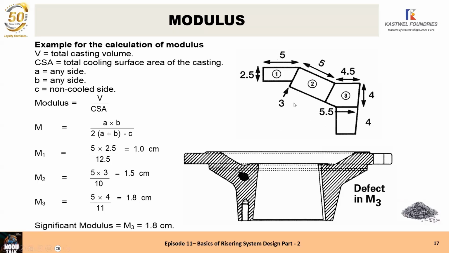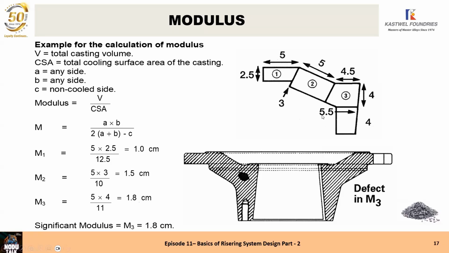Now in the figure you can see A, B, and C. So the modulus of the casting is 5 multiplied by 2.5, which is the sides, divided by 2A plus B minus C, and this gives you a modulus of 1 centimeter. Similarly, you have the modulus of section 2, which is 1.5 millimeters. And similarly, we have the modulus of section 3, which is 1.8 millimeters.